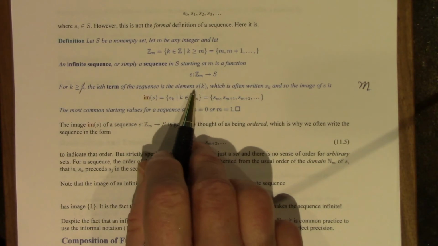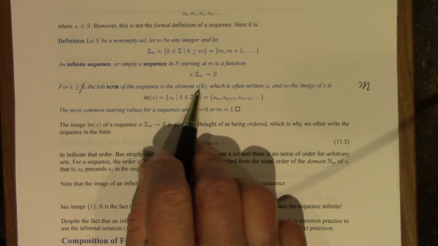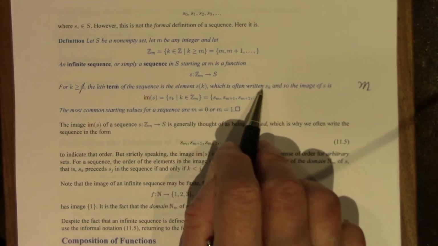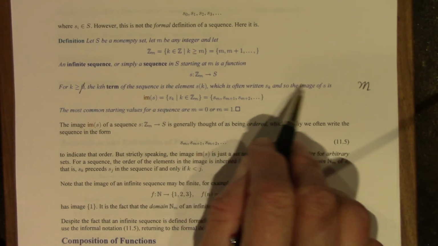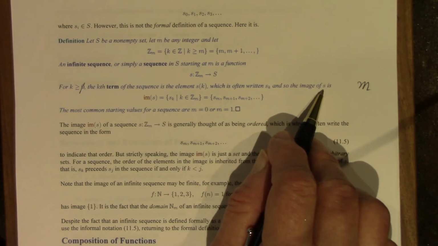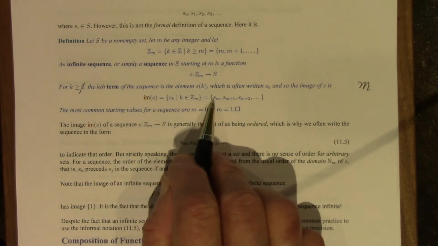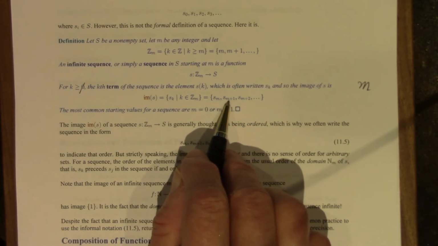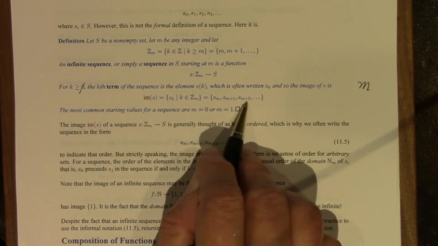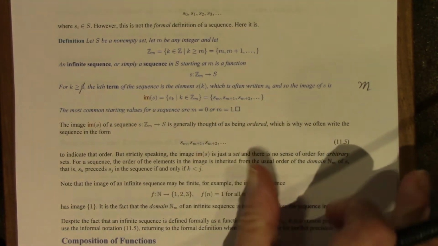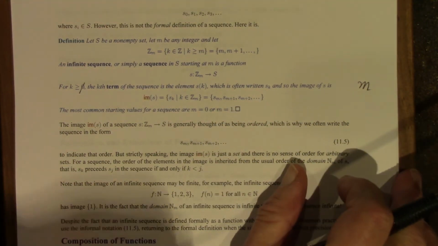It's the function s applied to k, but that's generally written little s sub k. And so the image of the function little s is s sub m, s sub m plus 1, s sub m plus 2, and so on. It is what we informally think of as a sequence. It's the image of the function.